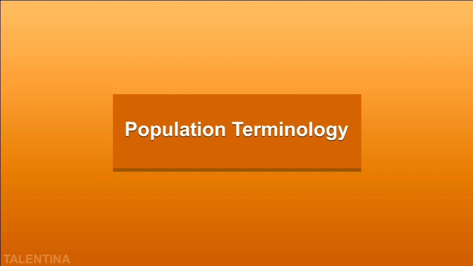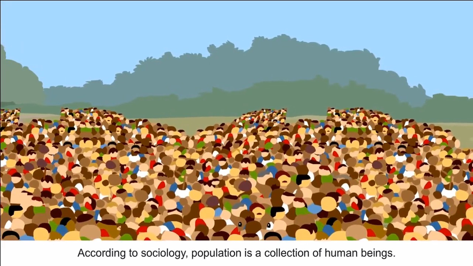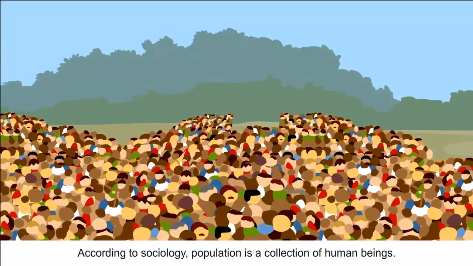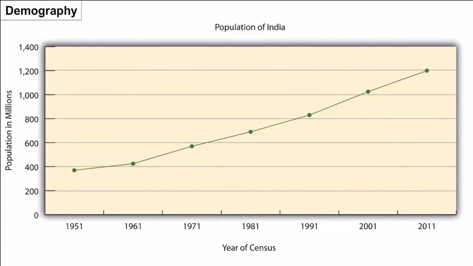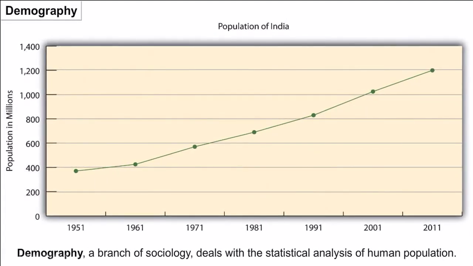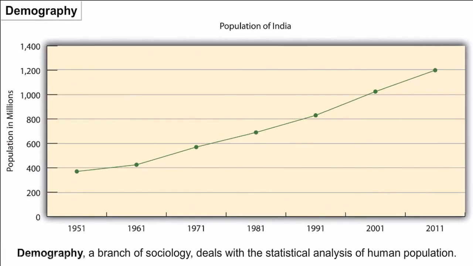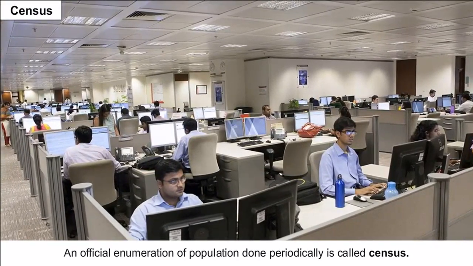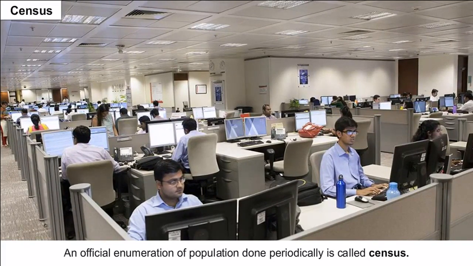Population terminology. According to sociology, population is a collection of human beings. Demography, a branch of sociology, deals with the statistical analysis of human population. An official enumeration of population done periodically is called census.